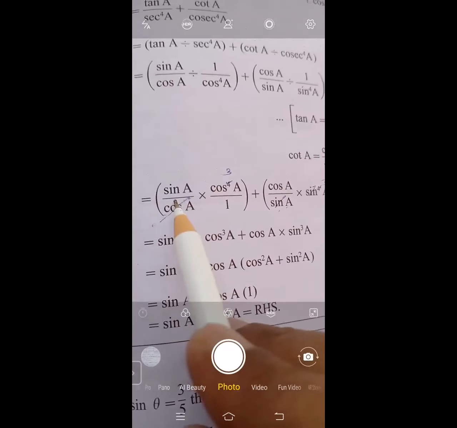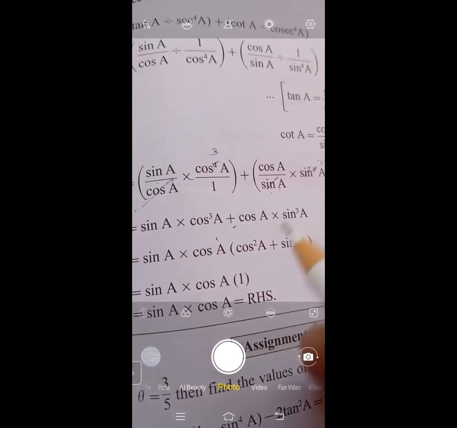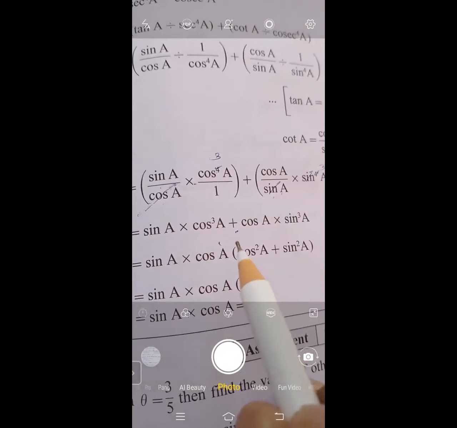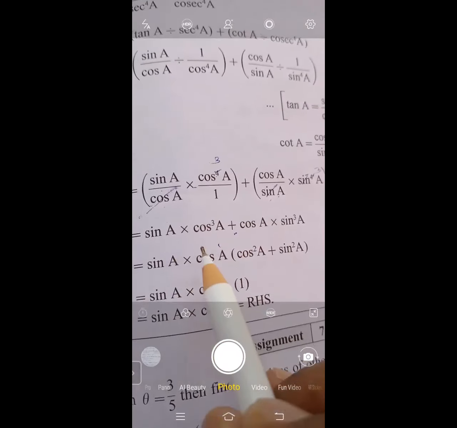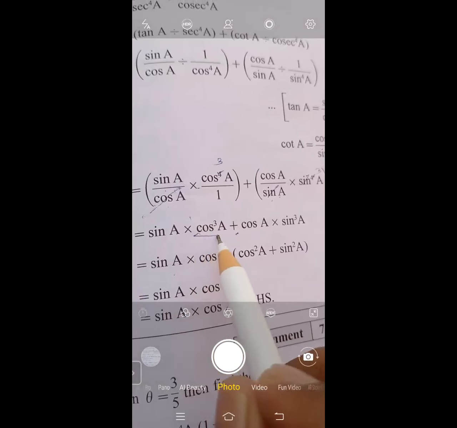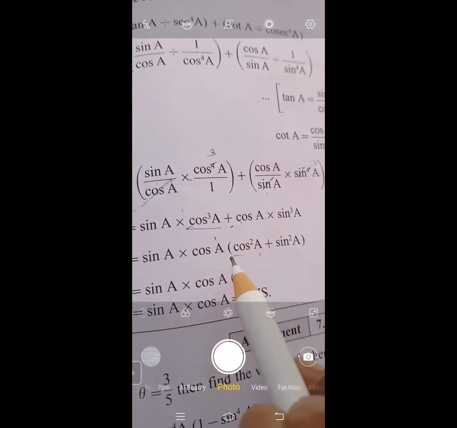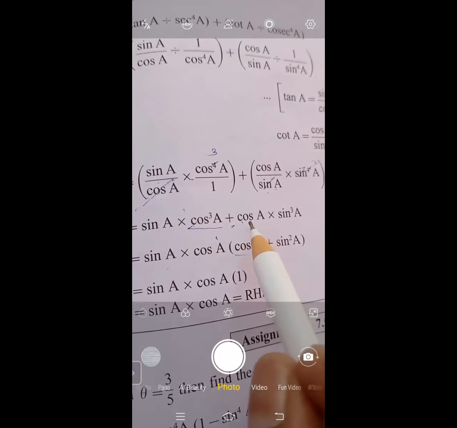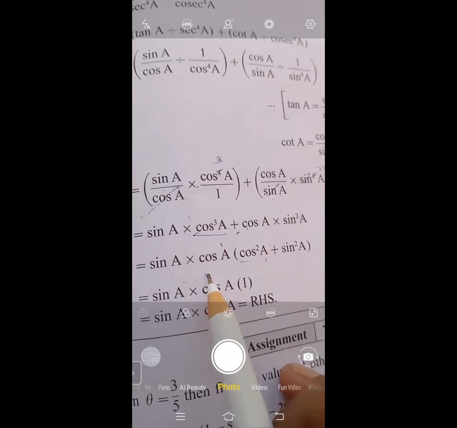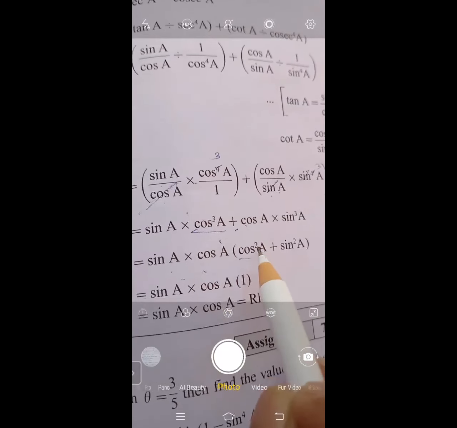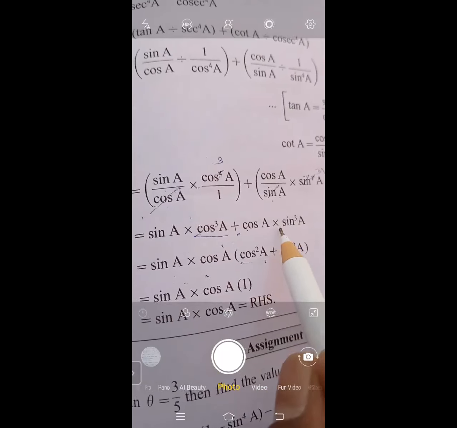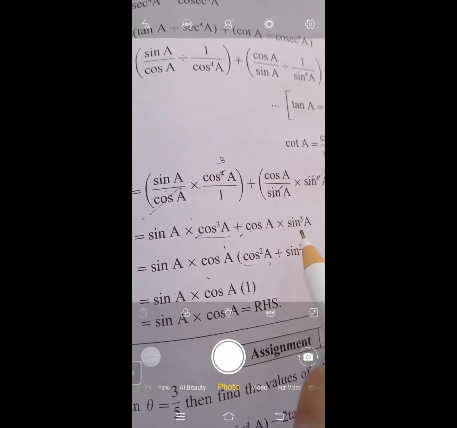So sine A into cos cube A plus cos A into sine cube A. Now they have taken common a single sine A and cos A. If sine A is taken common, we are left with cos square A. When cos is taken common, the power reduces from 3 to 2, and from sine, one sine is taken, so it becomes sine square A.